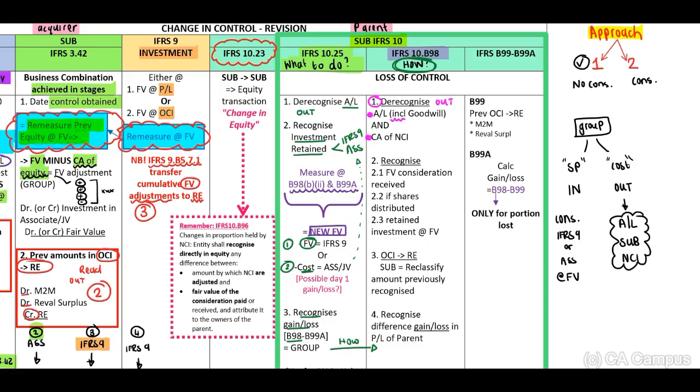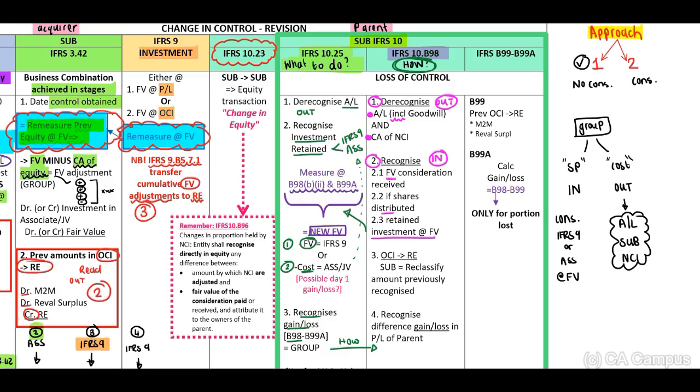Therefore, if you look at step number 2, it indicates to us recognize, therefore in. Let me just take out the positive, guys. Let's use the word in. We need to include the fair value of the consideration received. If shares were distributed, the retained investment at fair value, which we have indicated that we need to do.